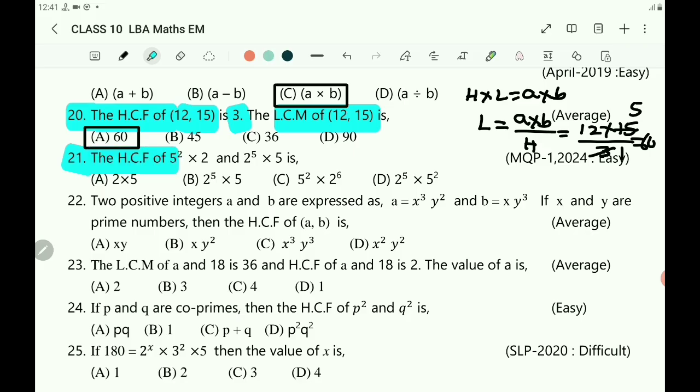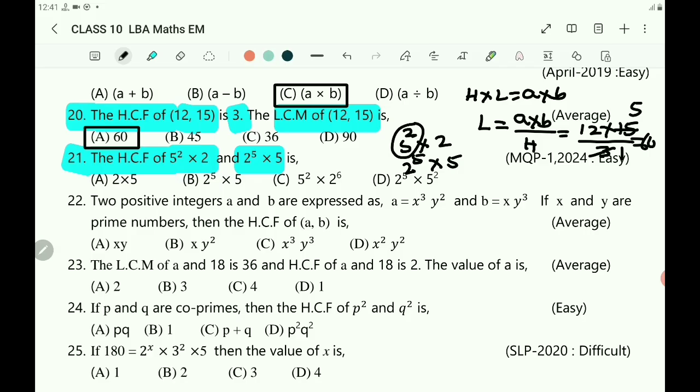The HCF of 5 power 2 into 2 and 2 power 5 into 5 is, so you calculate here. HCF means we have to take the common factor. 5 power 2 into 2 is there. Next, 2 power 5 into 5 is there.